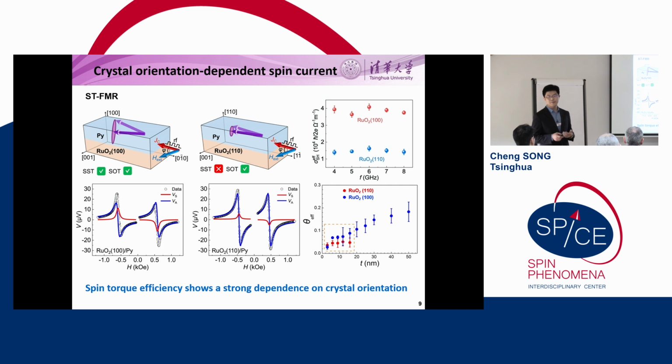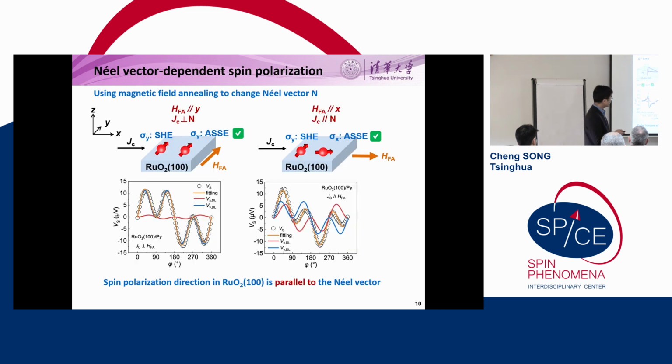Previously, heavy metals like platinum and tungsten have a large spin Hall angle but a very short spin diffusion length. But for copper, there is a very small spin Hall angle and a long spin diffusion length. So they are always contradictory. But here, they combine together.